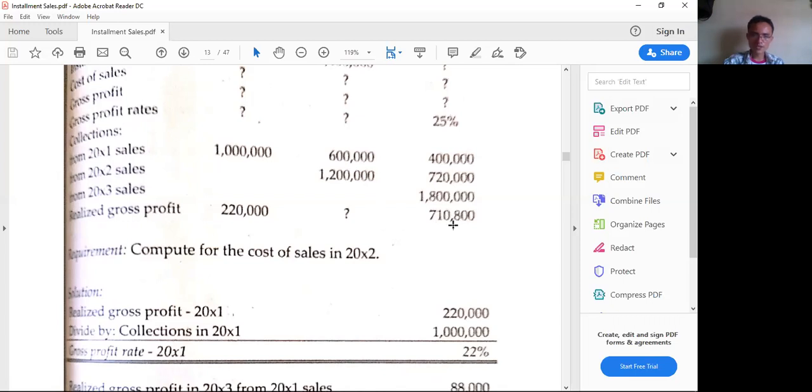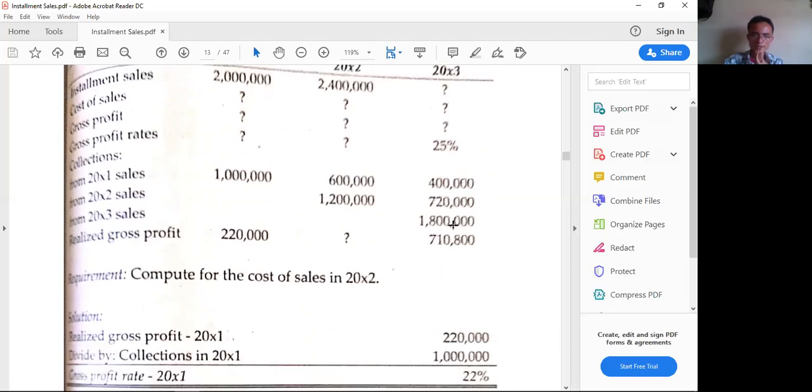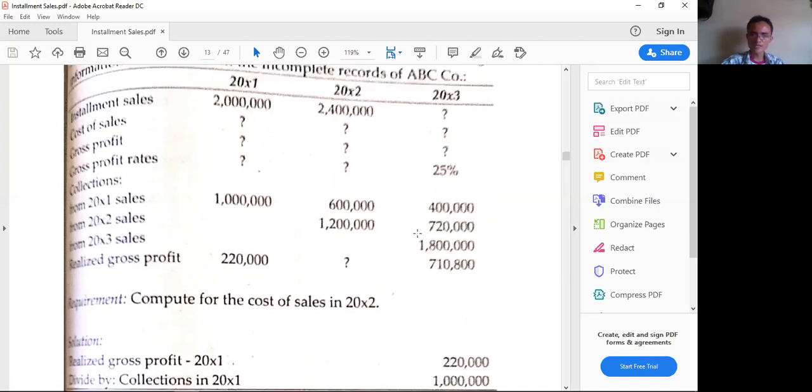For the realized gross profit, remember that's going to be a total of the realized gross profits coming from 2 years and this year based on collections. Good thing collections are given here.